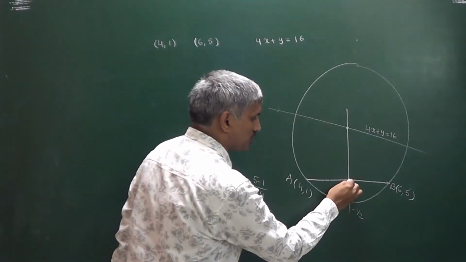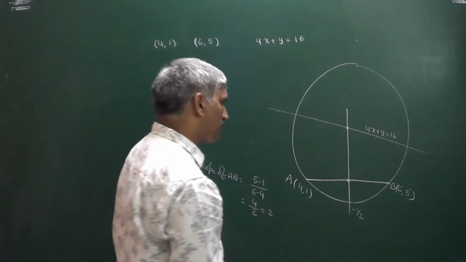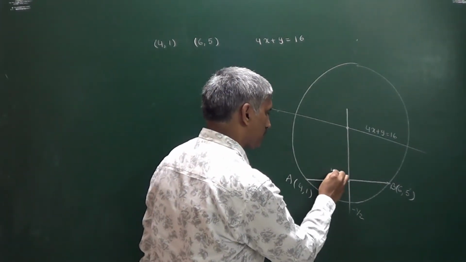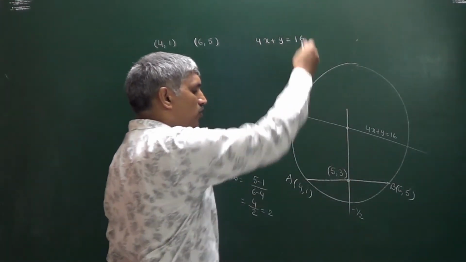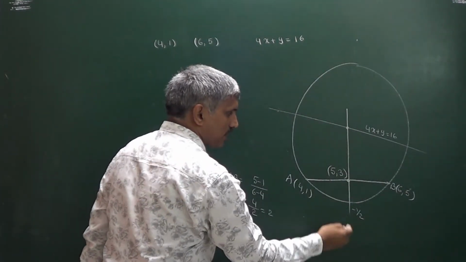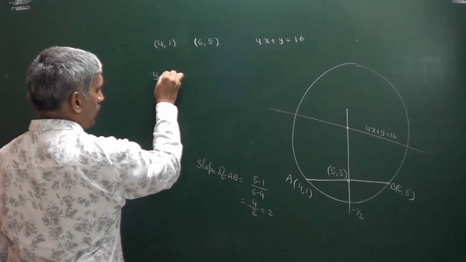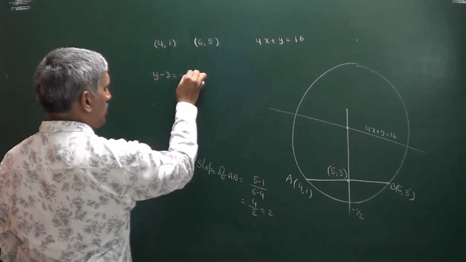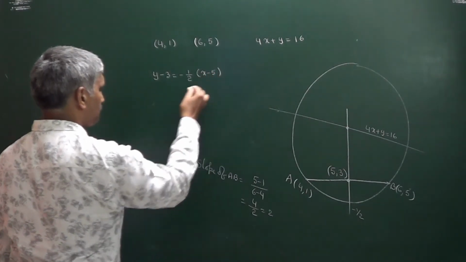Can you tell me what is this point? It is nothing but the middle point of AB. What is the middle point of AB? 5, 3. Now can you find out the line equation? This line equation we can find out because we know the point and we know the slope. That line equation is y minus 3 is equal to minus 1 by 2 into x minus 5.